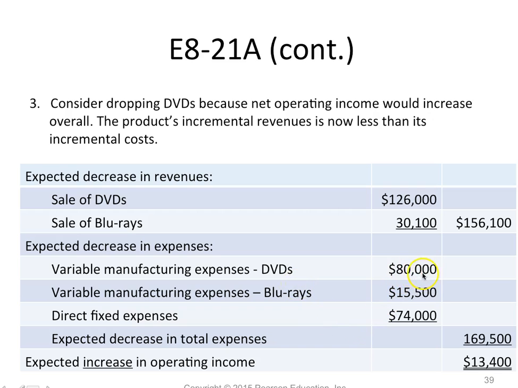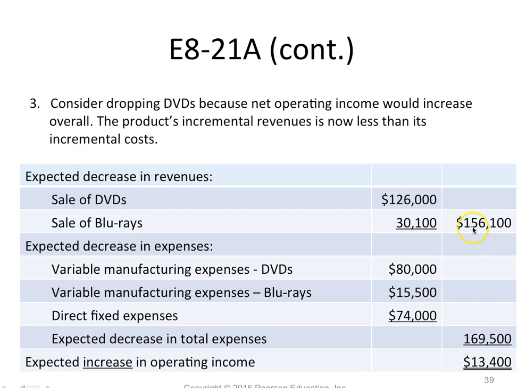So variable cost for DVD is $80,000 to be totally avoided, and 10% of our variable cost for the Blu-ray is $15,500, and the fixed cost of DVD will also be removed, so 74. So put it together, 169.